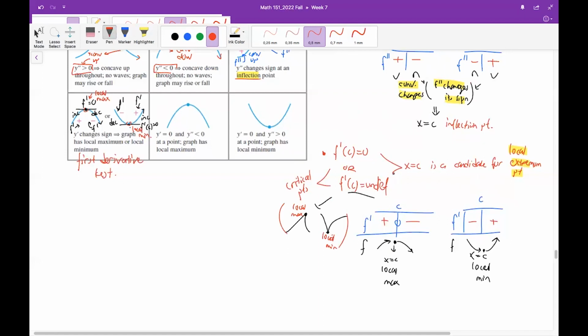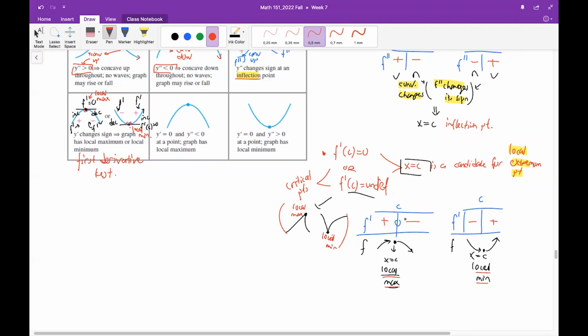If one of them happens, then this point is a candidate for a local max or min. To make sure it is a local min or max, you need to check whether the first derivative changes its sign. If it changes sign from positive to negative, it is obviously a local max. If negative to positive, it is a local minimum point.